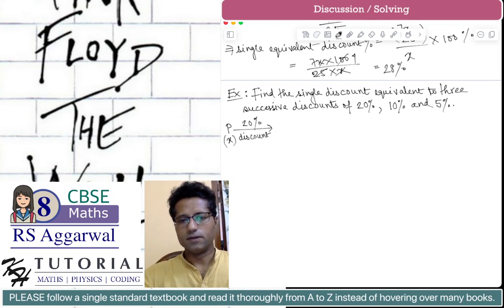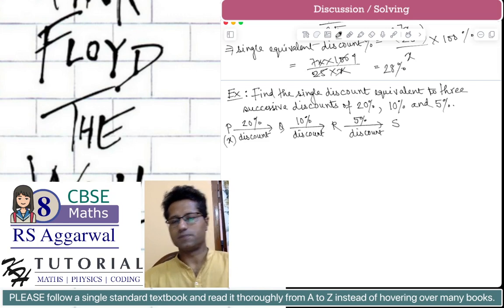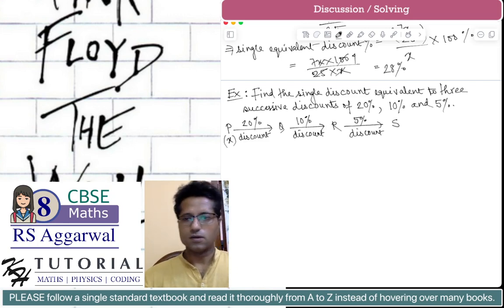We are having the intermediate reduced price Q, and then on Q we are having again a 10% discount, and we are having an intermediate reduced price R, and on R finally we are having a 5% discount, and we are having the final reduced price S, which of course will also be equal to the selling price.